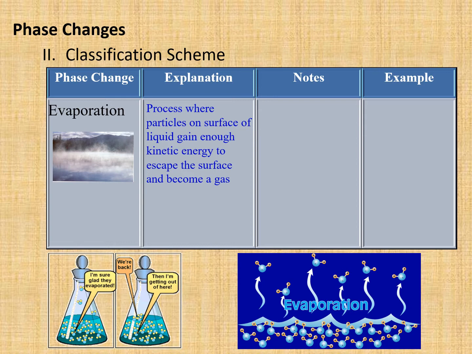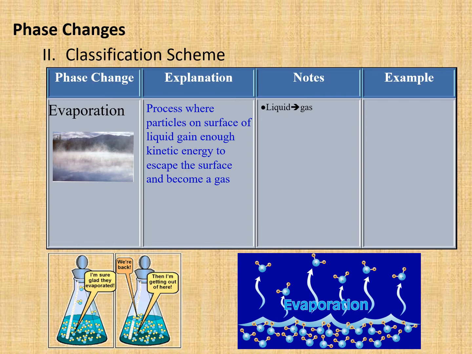This only applies to the particles on the surface. When particles deep beneath the surface change from a liquid into a gas, we call that boiling. But both of these phase changes involve the transition of matter from a liquid state to a gaseous state.